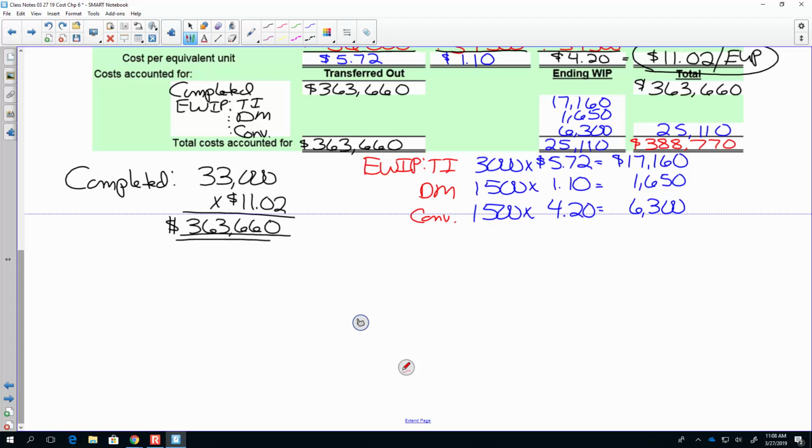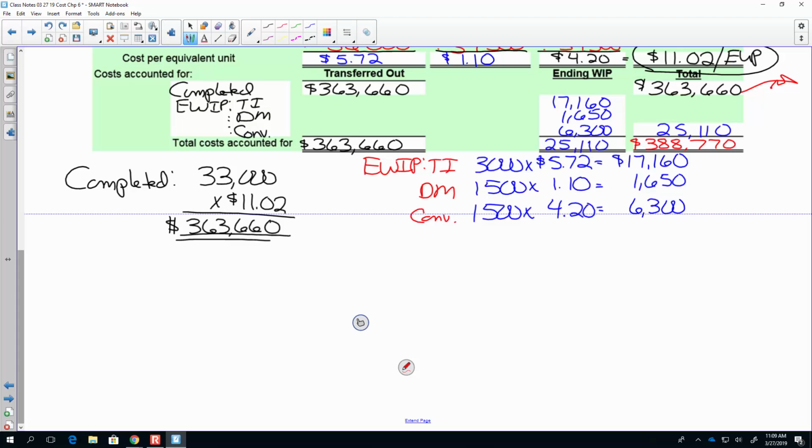So if the question is, how much cost was transferred to the next department, how much would you tell me? 25,110? Or wait, careful. The 363,660, right? This is the number that I'm going to take to the next department, or if this is the last department, where is it going? Finished goods.